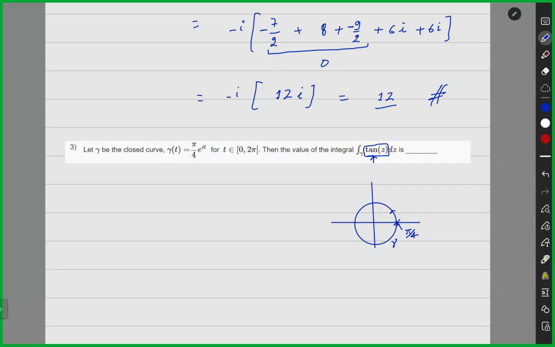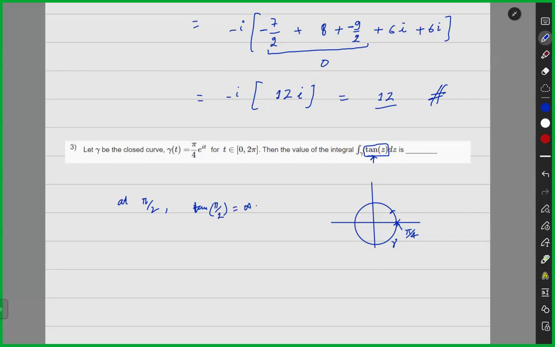So it may not be entire, but okay. For example, if you see at pi by 2, what does it become? At pi by 2, tan pi by 2 is infinity, which is not a well defined number, means not a complex number, right? So it is not well defined at pi by 2.